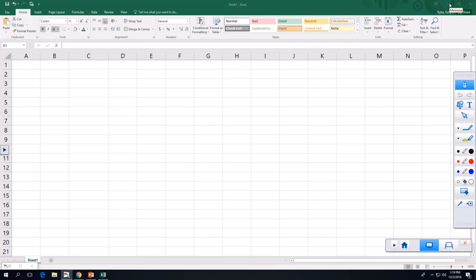Example 12.3 says we want to find the shearing stress on the outside and the inside of a hollow circular shaft with an outside diameter of 6 inches and an inside diameter of 4 inches. They're telling us that the torque is 20,000 pound-feet. What is the angle of twist when the length is 15 feet? And they're giving us G equal to 12 times 10 to the 6th PSI.